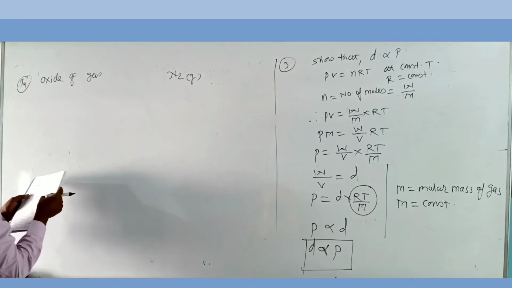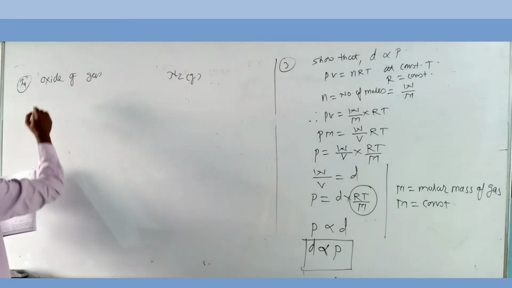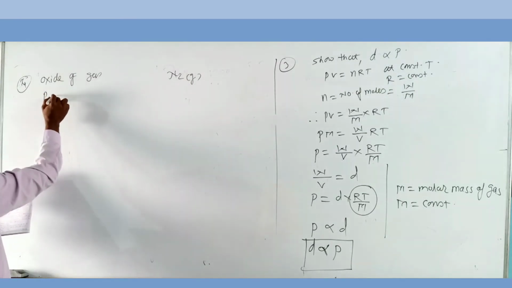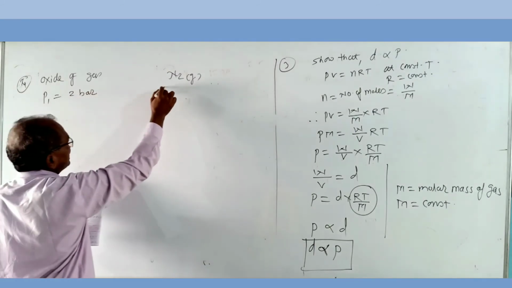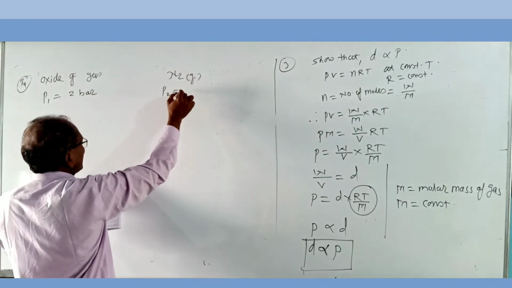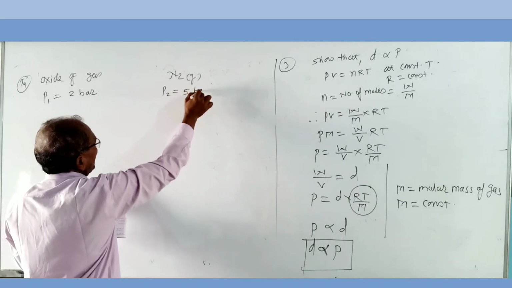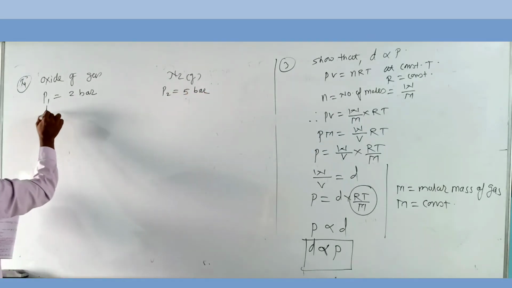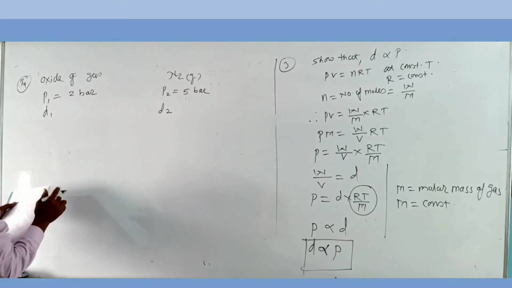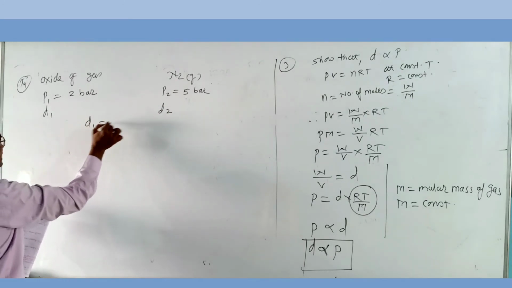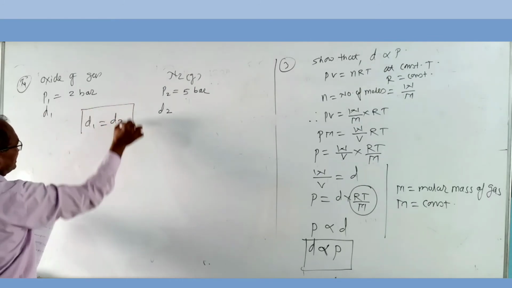Here the pressure of oxide of gas, suppose this is P1, is equal to 2 bar, and nitrogen, suppose this is P2, is equal to 5 bar, and density is D1 and here density is D2. But D1 is equal to D2.